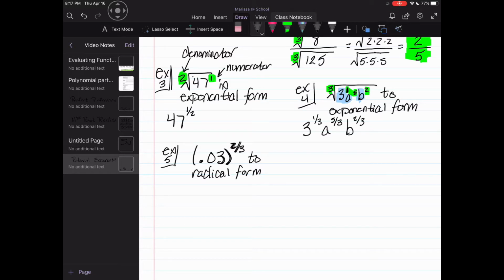And you would write this one then as the cubed root of 0.03 to the 2nd power. And then you could type this one into a calculator and solve it. And if you were to type it into a calculator and solve it, you would get 0.097. Just as a little bit of a reference for you.